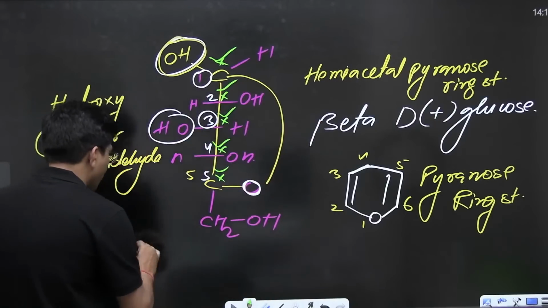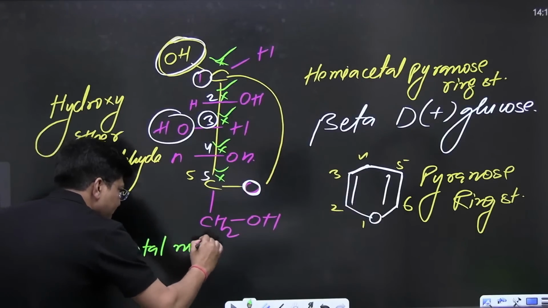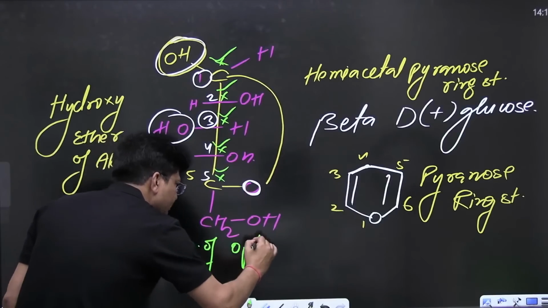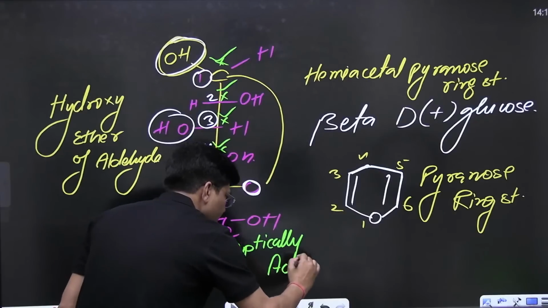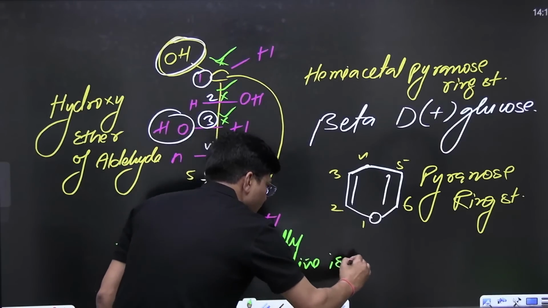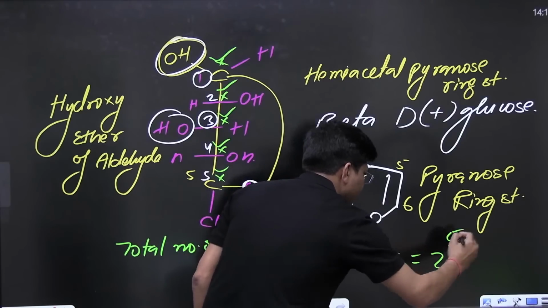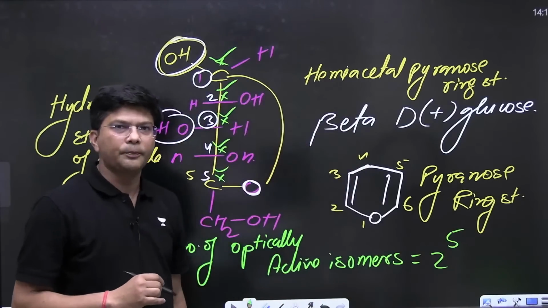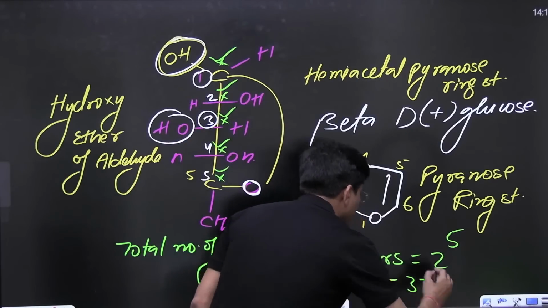That means the total number of optically active isomers will be equal to 2 raised to the power 5. Are you getting my point, my dear students? The total number of optically active isomers is 32.